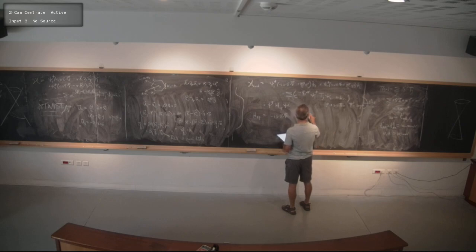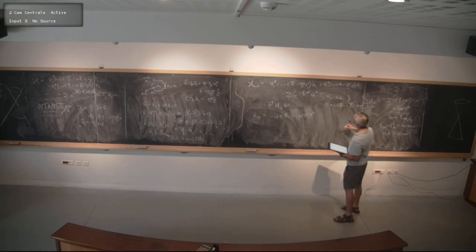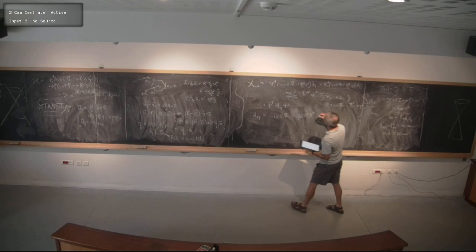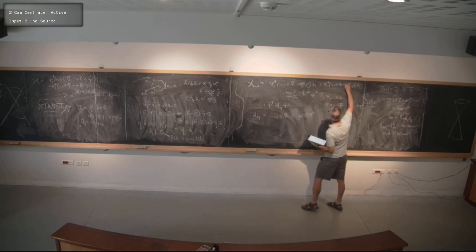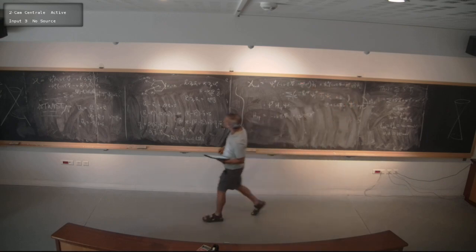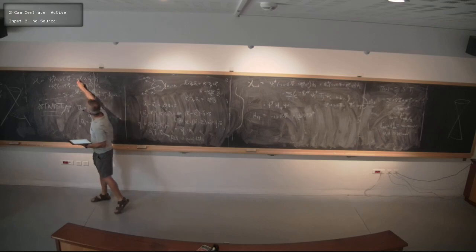Tau y gamma z, and I'm going to write it like this. Oh, there was a v. I lost a v somewhere. I'm sorry. There was a v here.